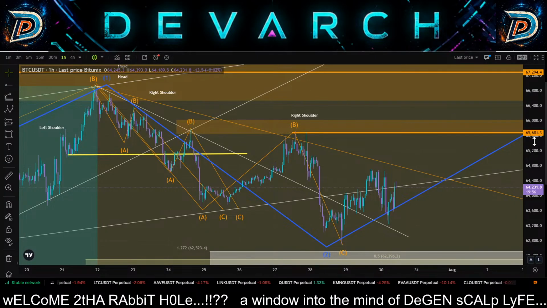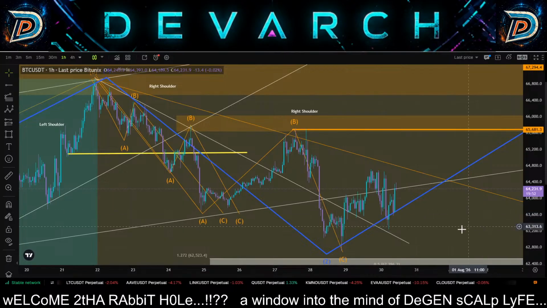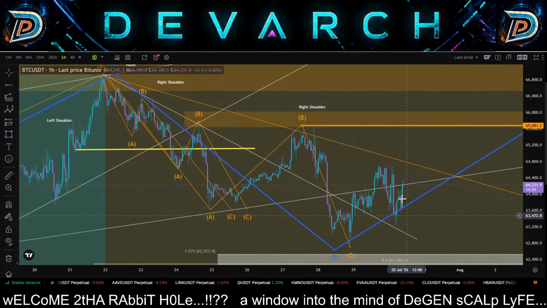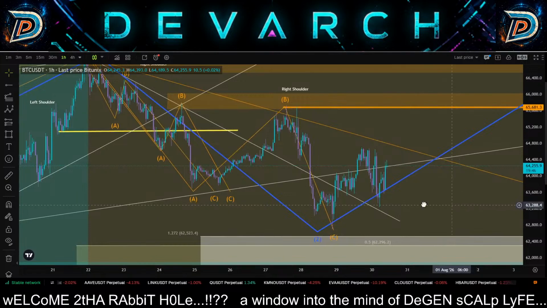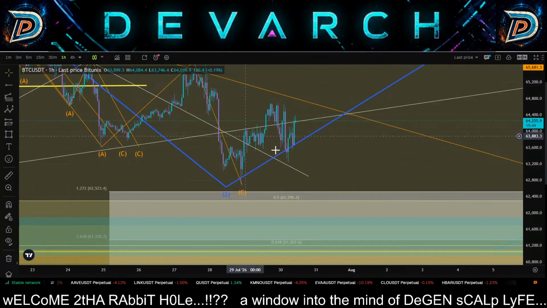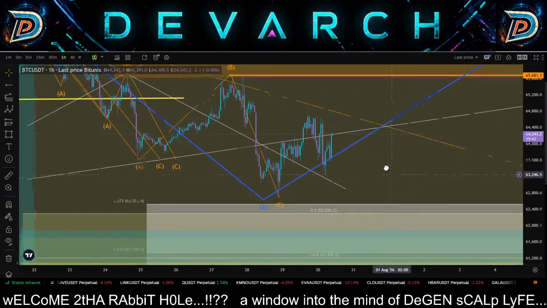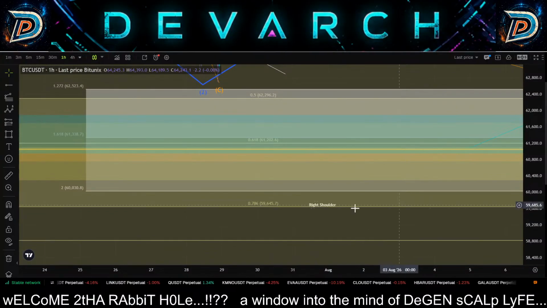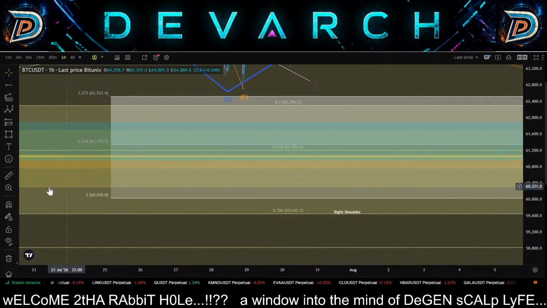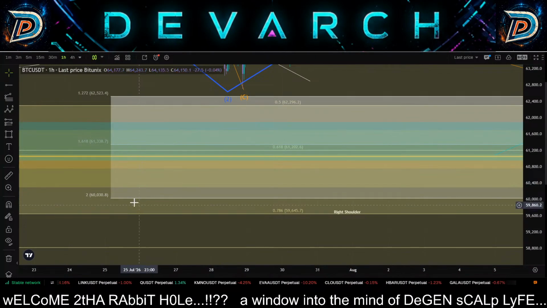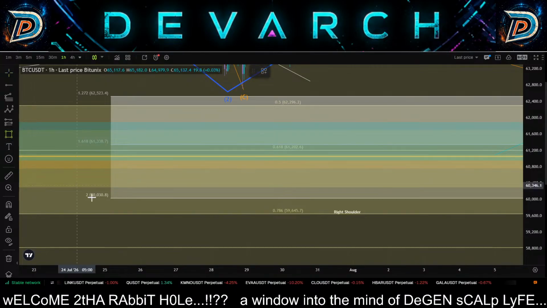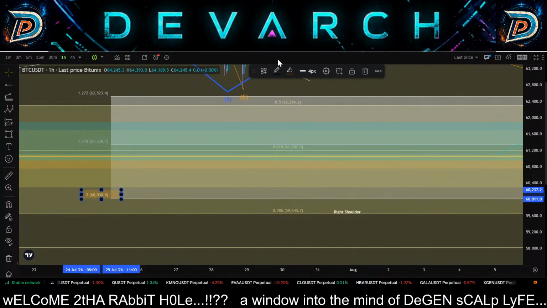This level here at 65,681 is the current wave 2 break of structure to verify wave 3. Until that breaks, we're still in the wave 2, and the wave 2 can be active all the way down to this 60K. Right, the wave 2 can be active all the way down to here.